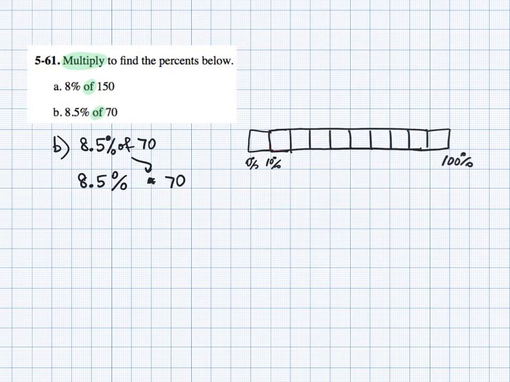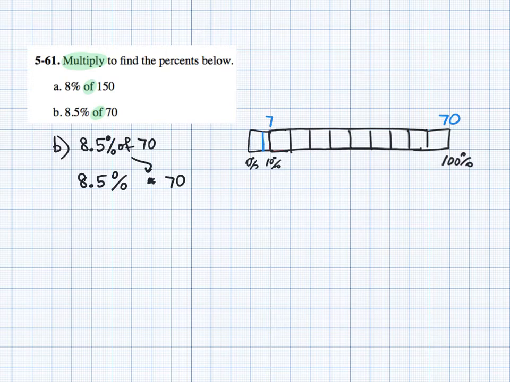I still kept the 10% number line over there. 8.5% is way less, so it's somewhere here, and the total is 70. So 10% should be 7, since 1/10 of 70 is 7. So our answer must be less than 7, because we'll be a little bit before. When you are looking at your answer, you have to get less than 7.